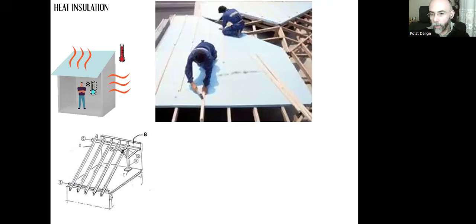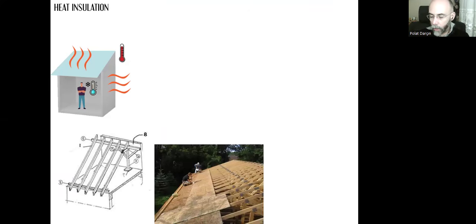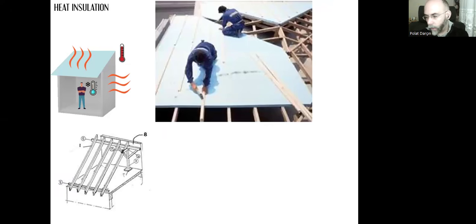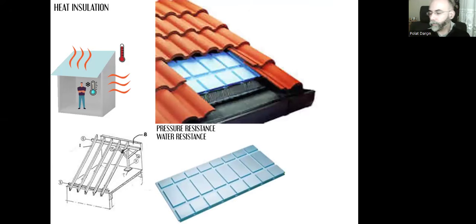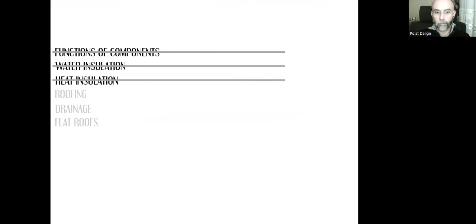Or as the third alternative, instead of these engineered wood panels used as the roof sheeting, we can use heat insulation panels. These have a high pressure resistance, a high water resistance, and we can apply the roofing directly over these heat insulation panels, and that's the third option.